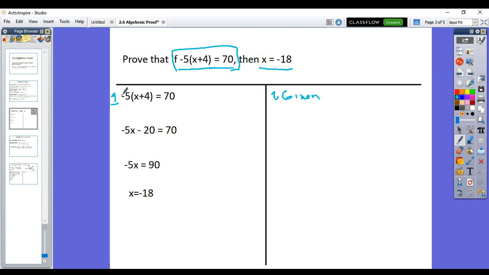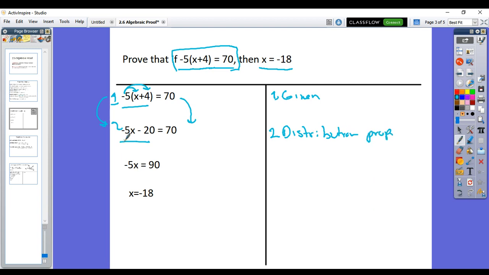From step 1 to step 2, what mathematical property happened? What did they do from here to make it look like this? Well, they distributed this 5 through and got this information. So what happened to go from here to here is the distribution property.